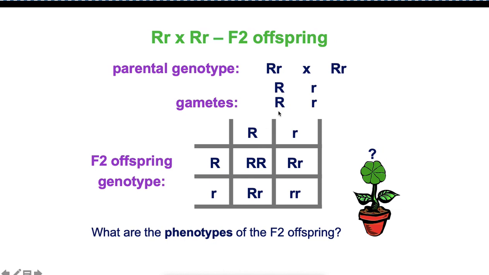If we take the gametes and make a Punnett square, we will see that some of them will have the dominant traits, and only one of them will have the recessive alleles.